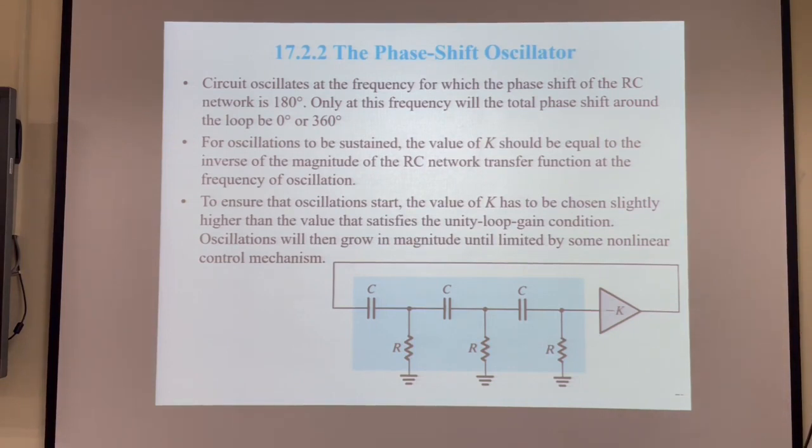Circuit can oscillate if the phase shift will be 180 degree. Why? I don't understand. Could you explain to me? The condition for circuit to oscillate is that the phase shift must be 0 degree or 360 degree. Why?